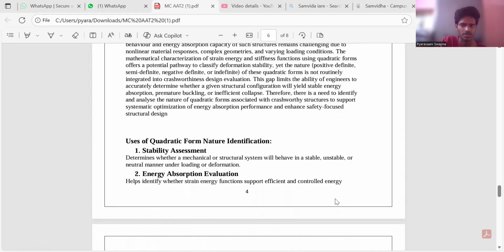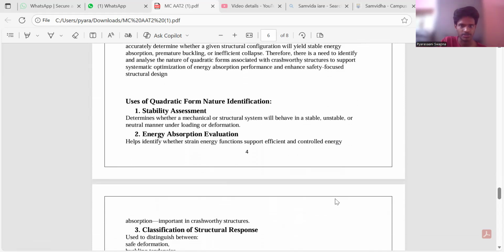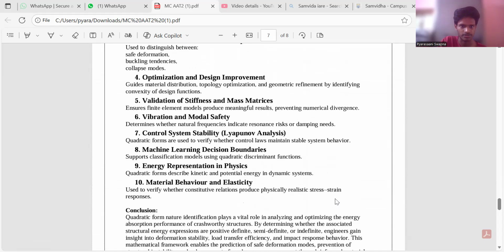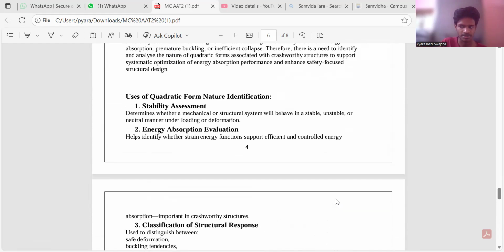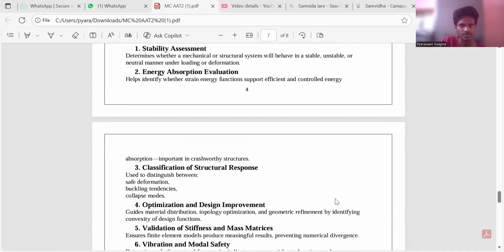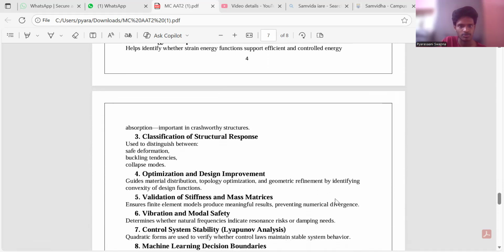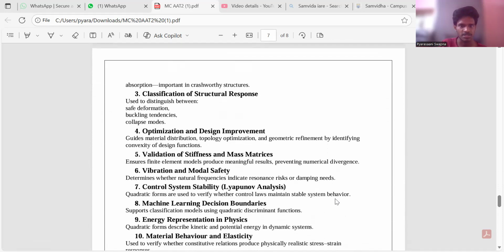Uses of quadratic forms: nature identification. Stability assessment. Energy absorption evaluation. Classification of structural response used to distinguish between safe deformation, buckling tendency, and collapse modes. Optimization and design improvement.